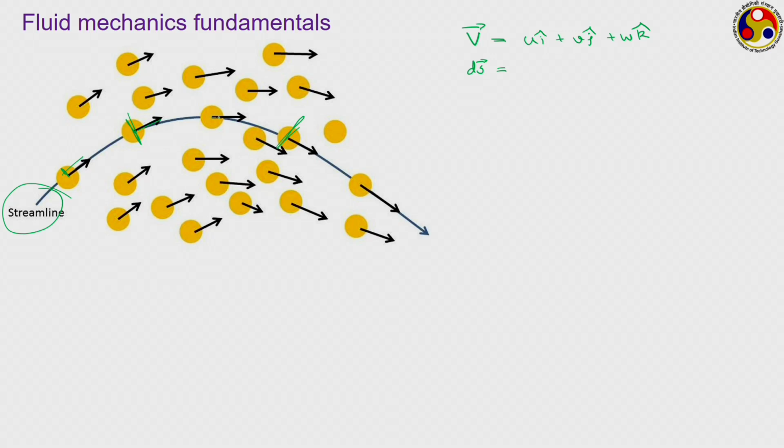Let us say if we pick up this particular point, then this is the velocity vector V, and we are talking about an infinitesimally small segment of the streamline like this. So, it is again a vector with components dx, dy and dz. Then what is the relation between this V and ds? Using your concept of vector mechanics, I am sure you will be able to tell, as we know that this V and ds are tangential to each other, because ds is a part of the streamline at a particular point.